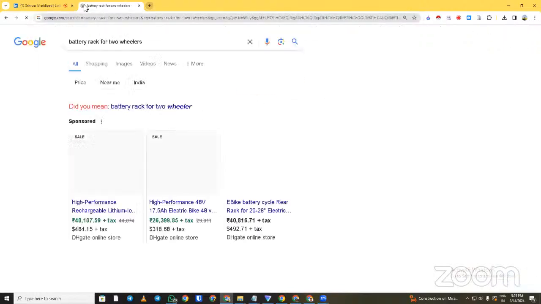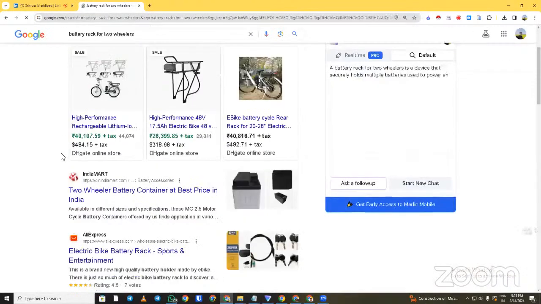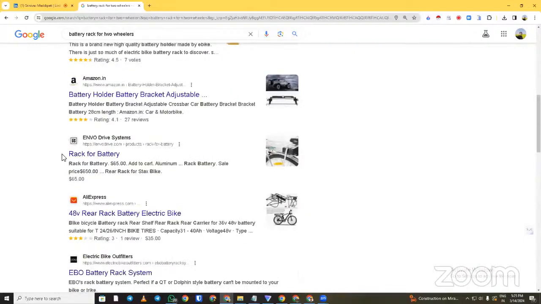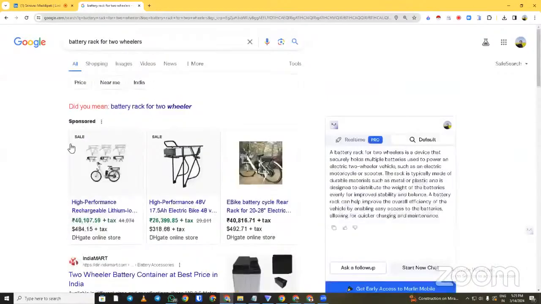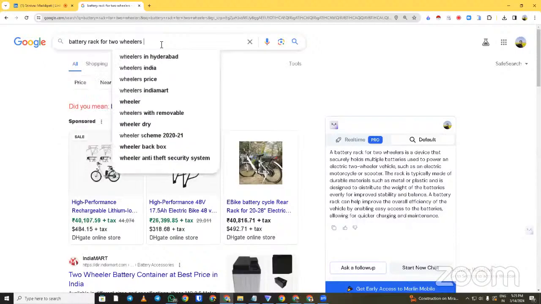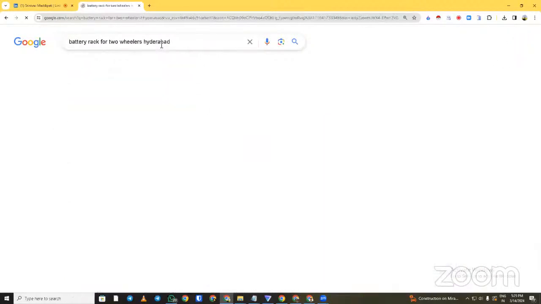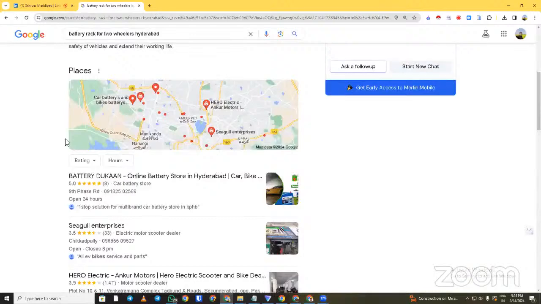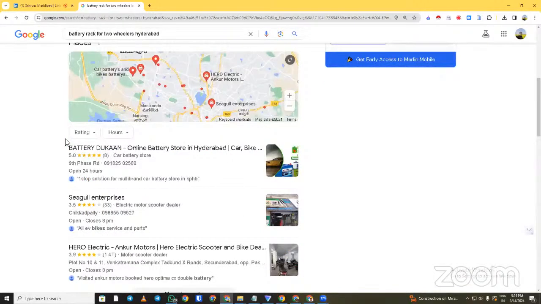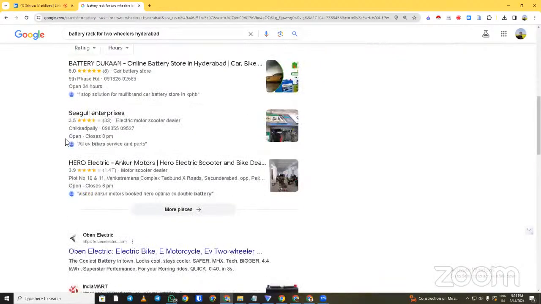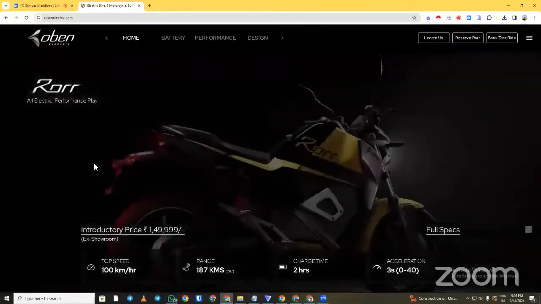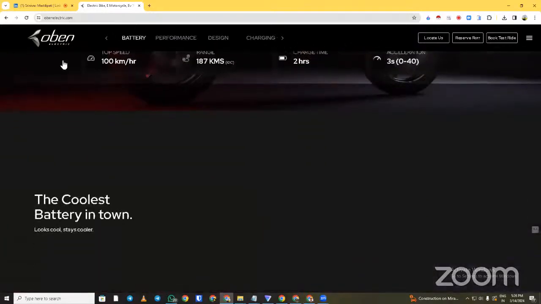So there are certain inventions, most of them optimizing the batteries or the running of the battery, motors, in the EV segment. Just like a battery box and all. I don't know if it's Seagull Enterprises or Hero Electric or Oben Electric. Yes, a lot of people are working in that direction, but again, different ball games.